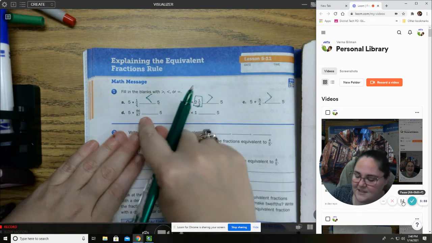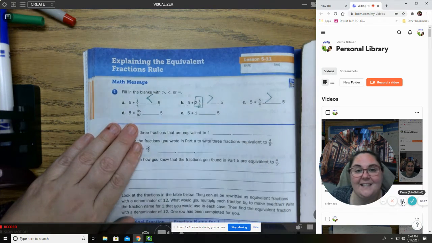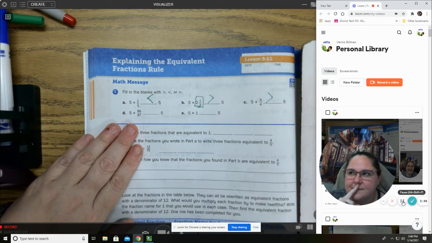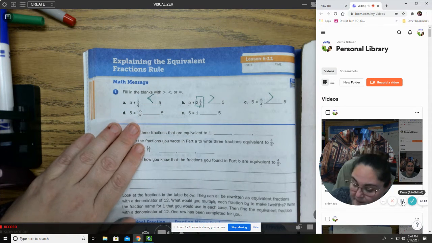All right, let's look at this next one. 86 over 87. Is that larger than 1 or smaller than 1? That's smaller than 1. I know that 87 over 87 would be a whole, so this is a little bit smaller.